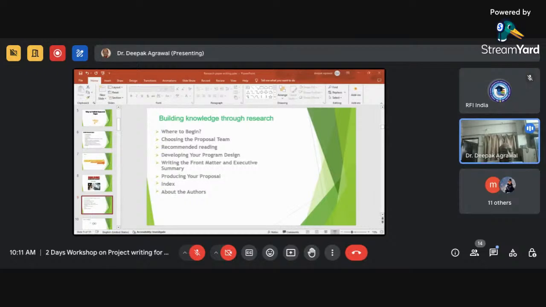Then, choosing the proposal team. The correct team is equally important because it's teamwork. Nowadays the concept of 'Ekla Chalo Re' has almost vanished, because when you go for quality work and quality paper development, it is advisable to work with a team so that you can get maximum inputs and better results.